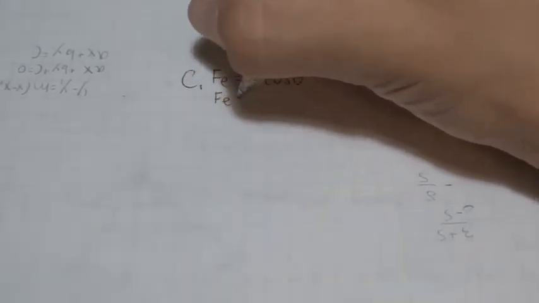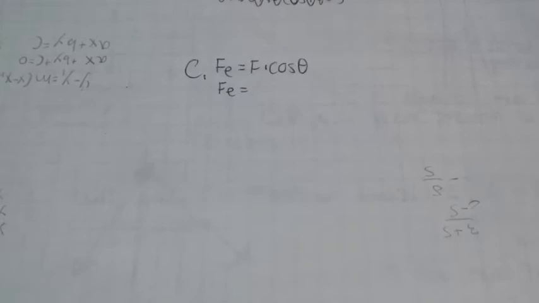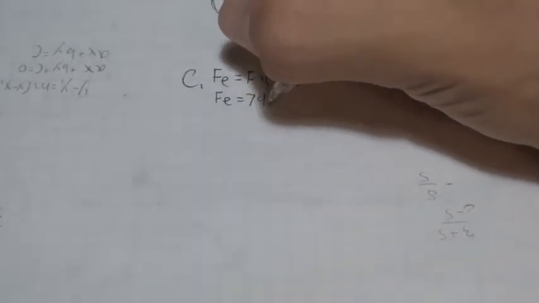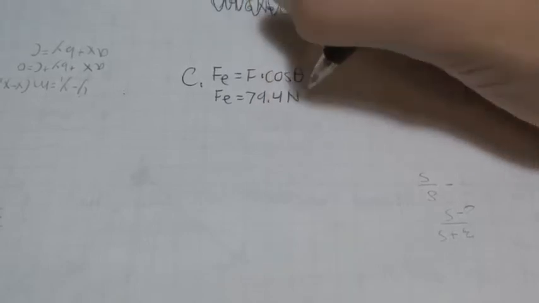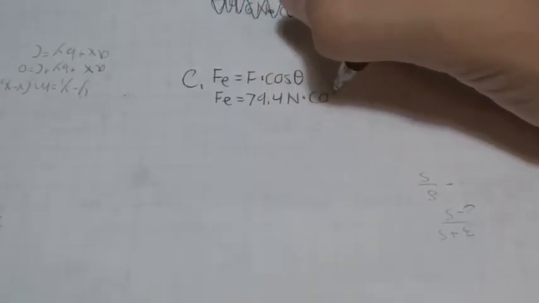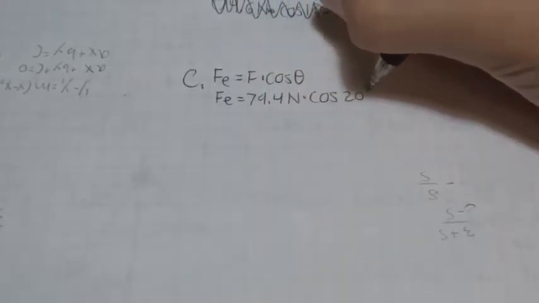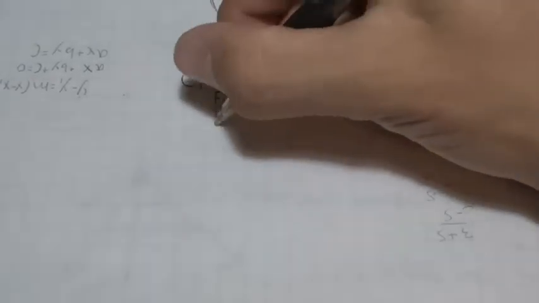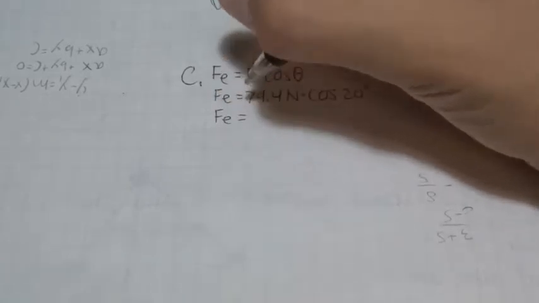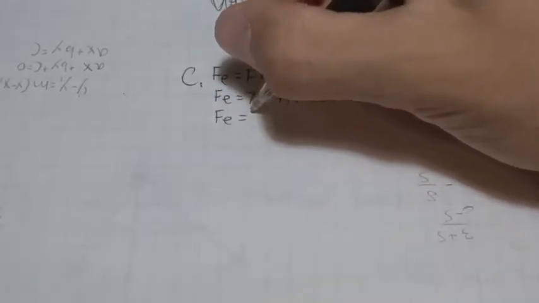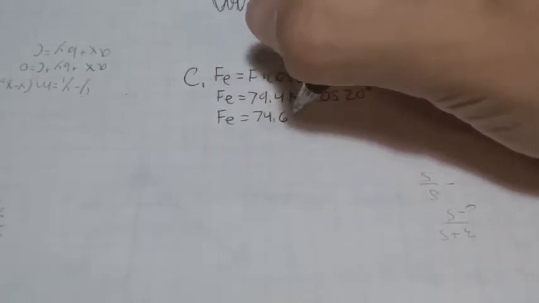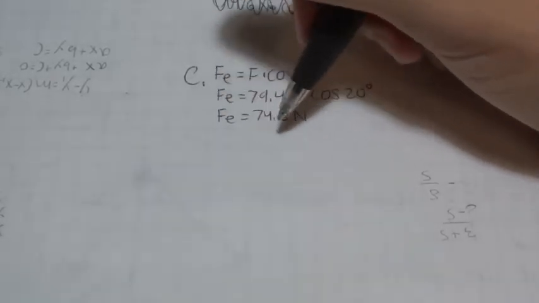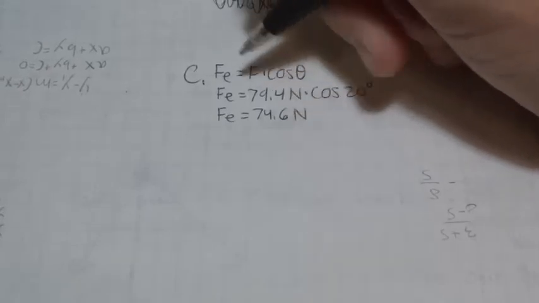Again, F of E equals that force. We know that force, we got that in the last problem. That is 79.4 newtons times the cosine of 20 degrees. F of E is going to equal 74.6 newtons.